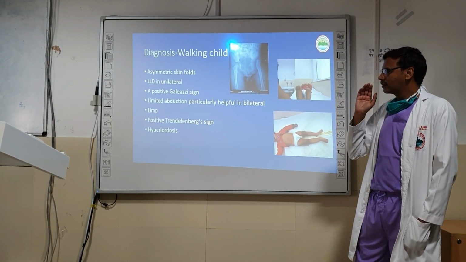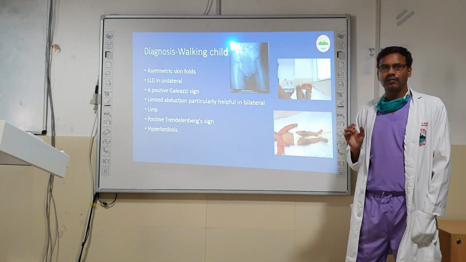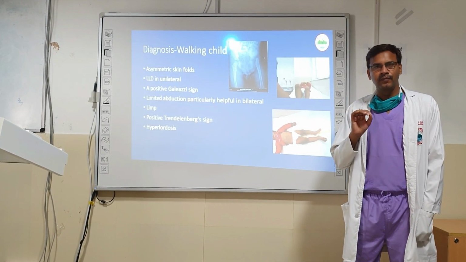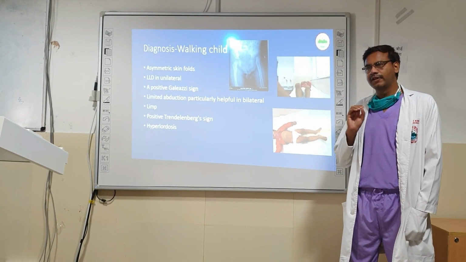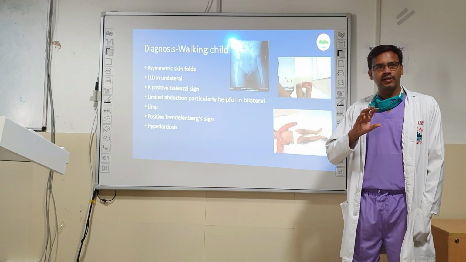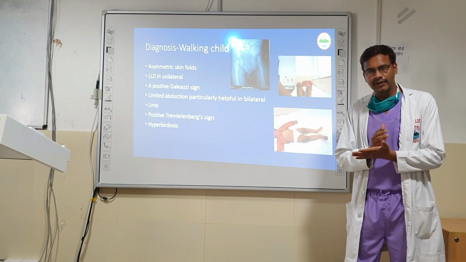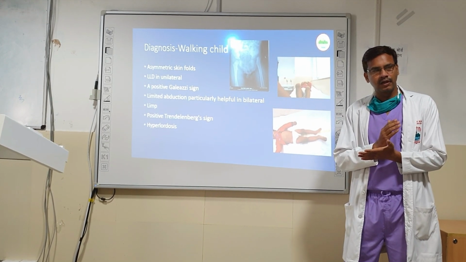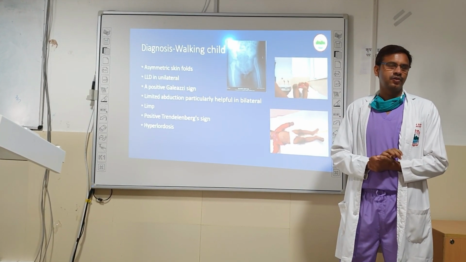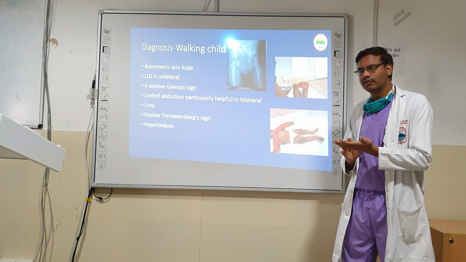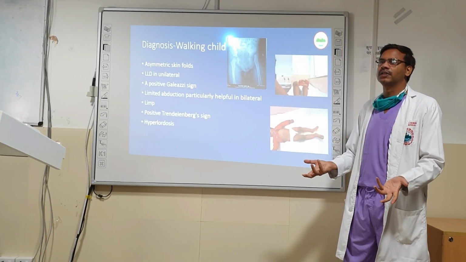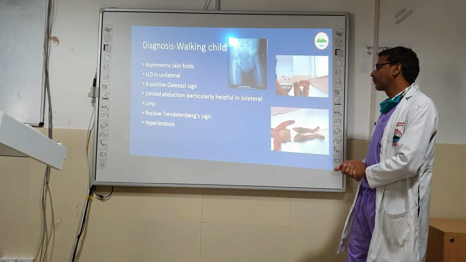If the child has already started walking, then there will be a definite limp, and the limp will be unilateral, and it is very difficult to diagnose when the child is having a bilateral limp. That's why bilateral DDH usually comes a little later than a unilateral case, because the parents and the caregiver think that it is a normal walking child, but it is not so.